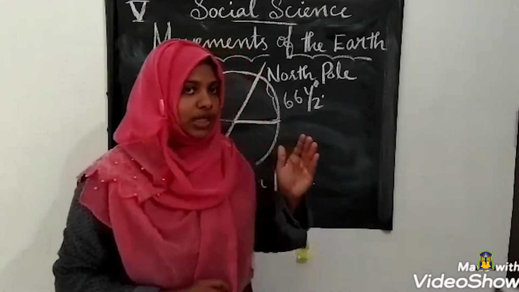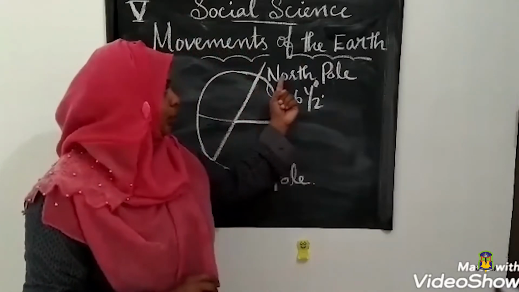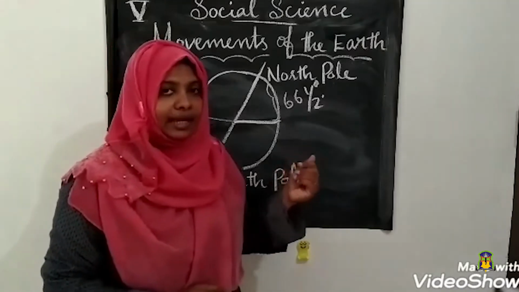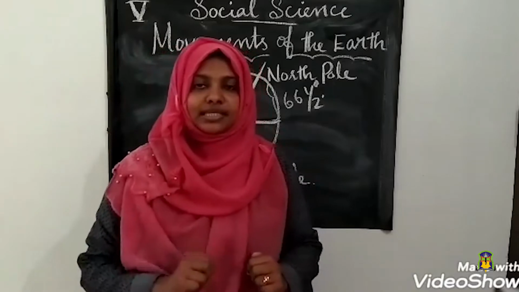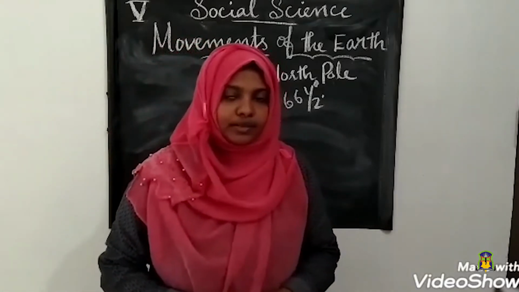Axis is an imaginary line drawn through the center of the Earth, joining the North Pole and South Pole, and the Earth's axis is tilted at an angle of 66.5 degrees to the plane of the Earth's orbit.